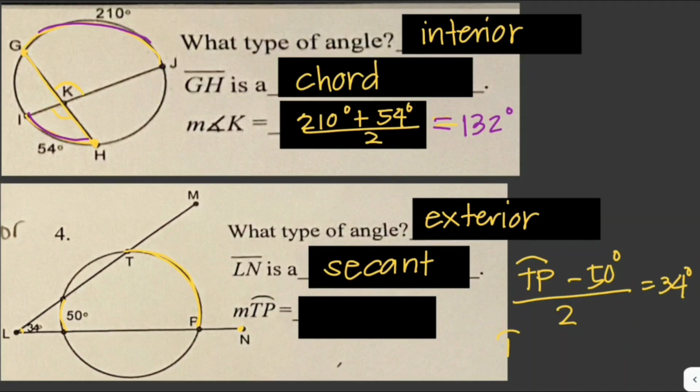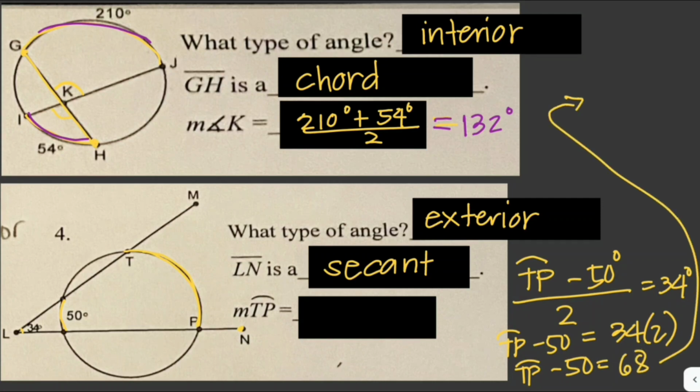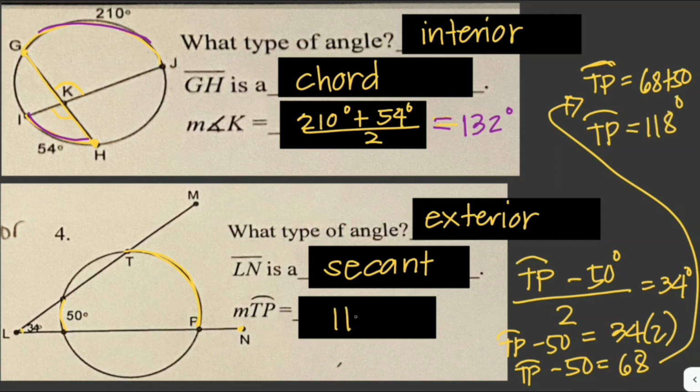So it will be TP minus 50 equals 34 times 2. So arc TP minus 50 equals 68. Solving for TP, TP is just 68 plus 50. Therefore, the measure of arc TP is equal to 118 degrees.